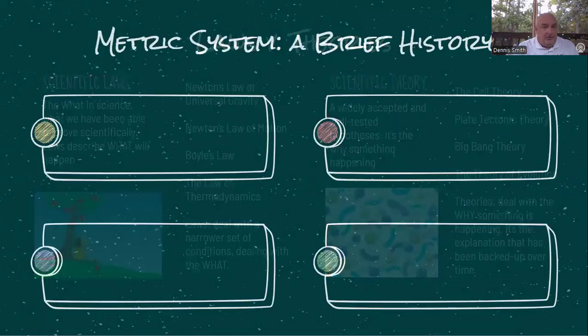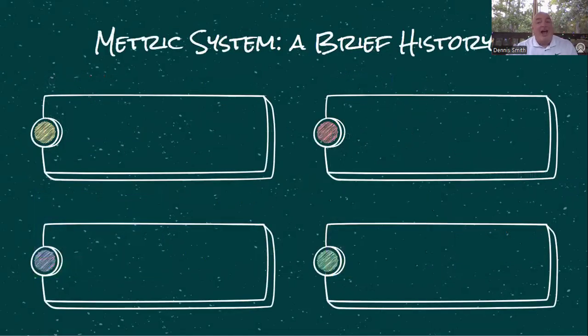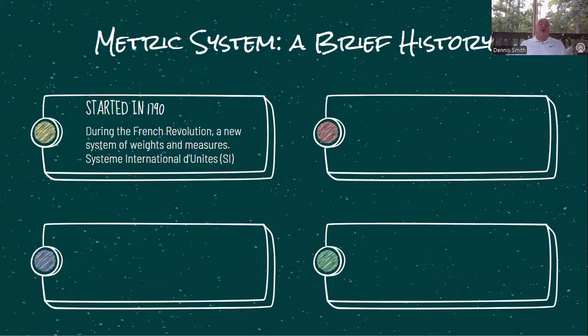All right. So now to everybody's favorite, the metric system, and a brief history of it. So the metric system started in the 1790s, and it was during the French Revolution, and a new system of weights and measures, the Système International des Unités, or the SI, came into effect.